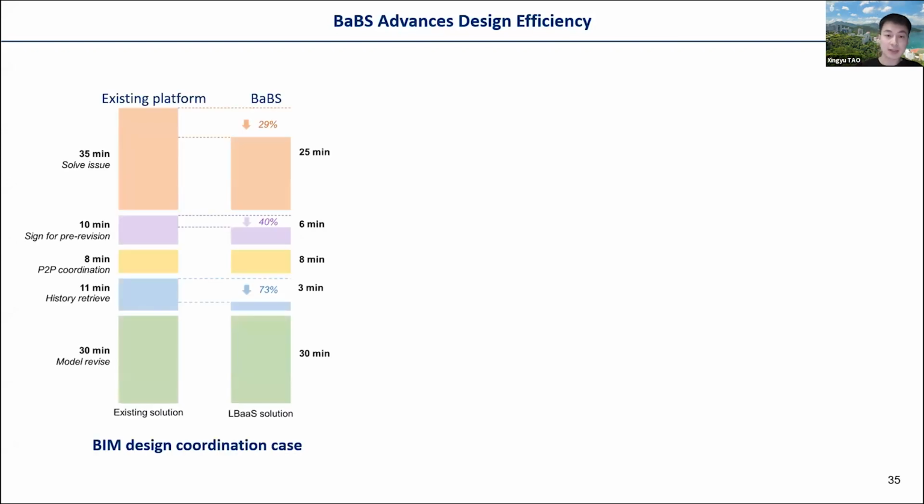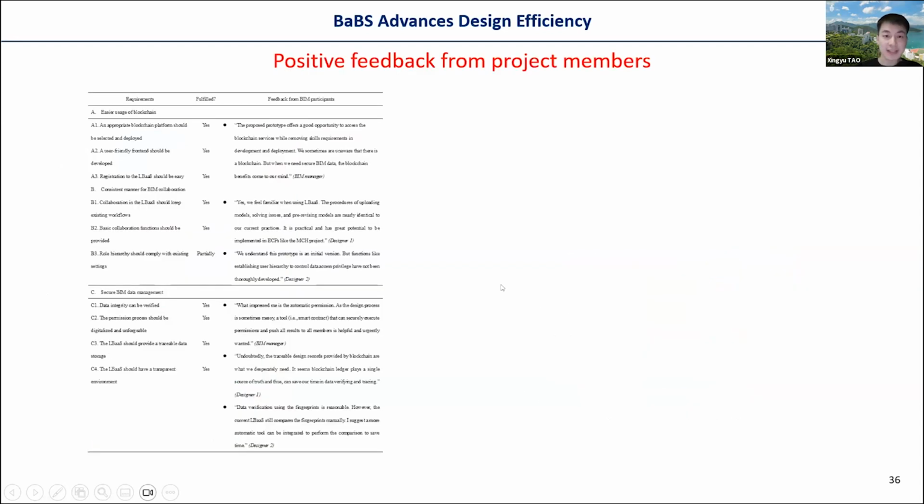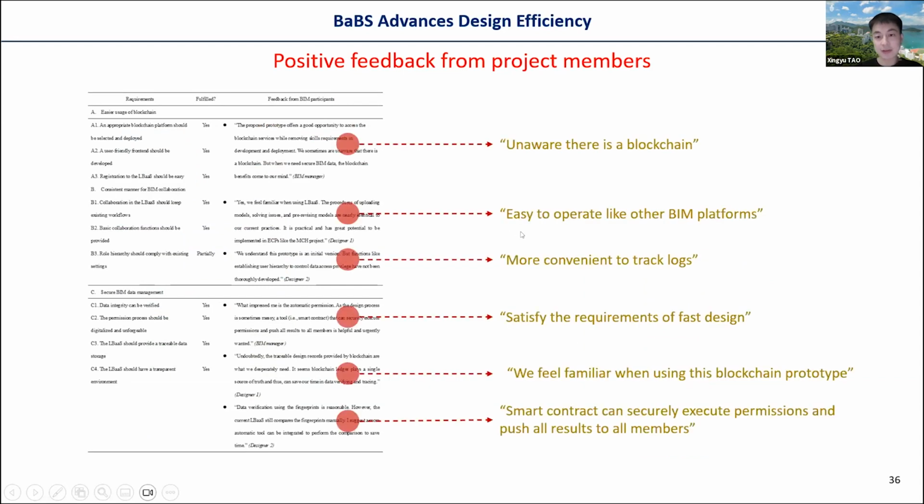The results show, as Professor mentioned, we can save 20% of time in some design coordination cases, and in overall delivery we can save even up to 66%. Also, we received some positive feedback from the project members. They found our prototype easy to operate like other BIM platforms and satisfying all the requirements, the design logs are very easy to track, and the smart contract can securely execute the permission process.